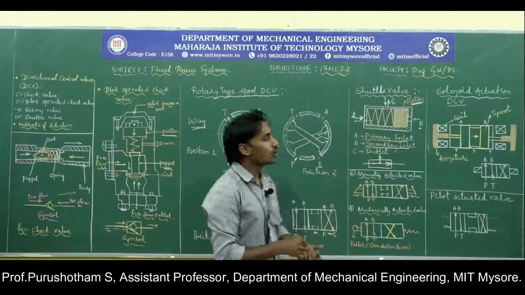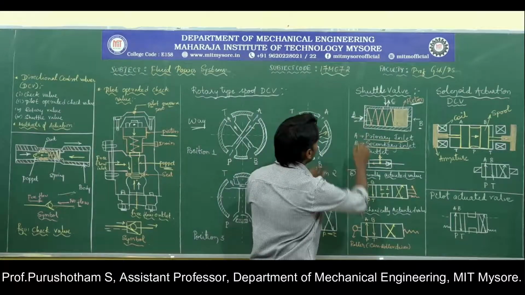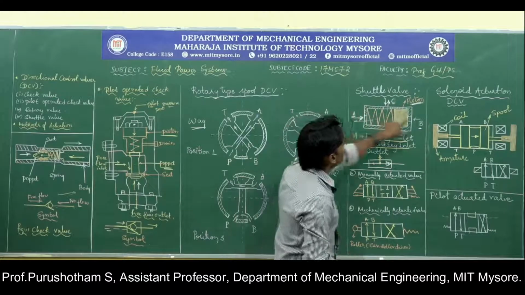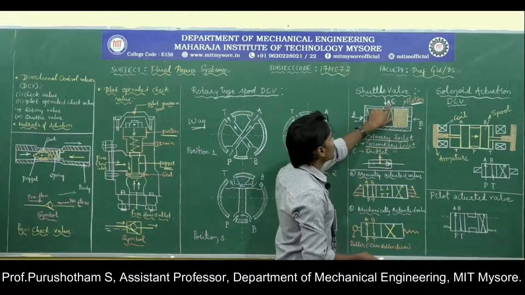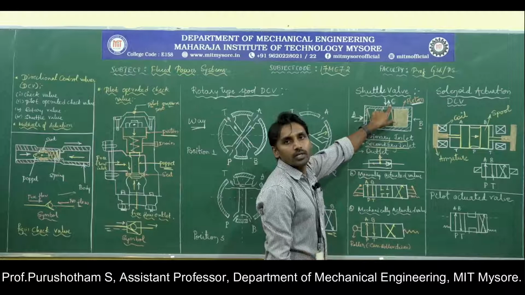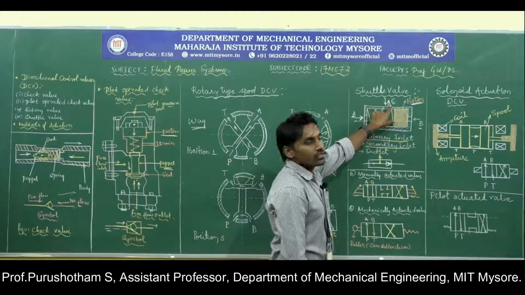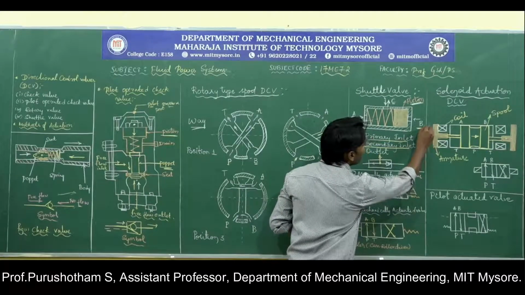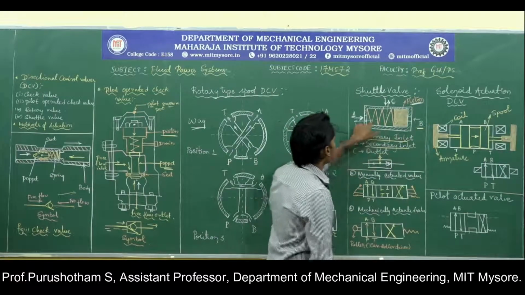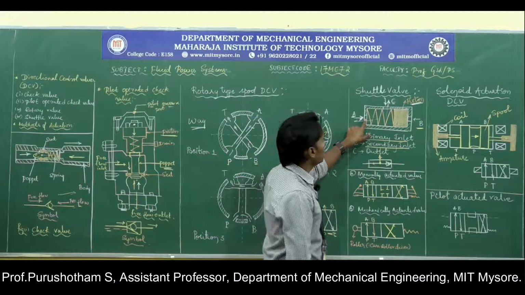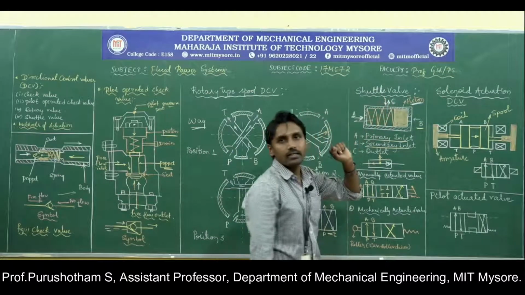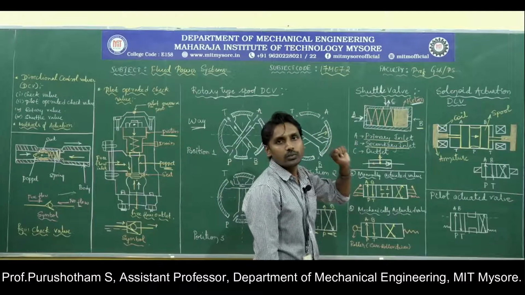When you supply the fluid from port A, port B will be blocked, but the outlet is achieved. Again, when you supply the fluid from port B, then port A will be blocked by the piston, and through the C port the fluid will enter the outlet. So that is also possible.